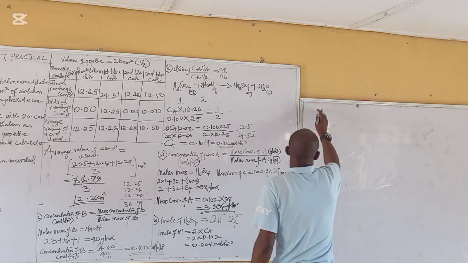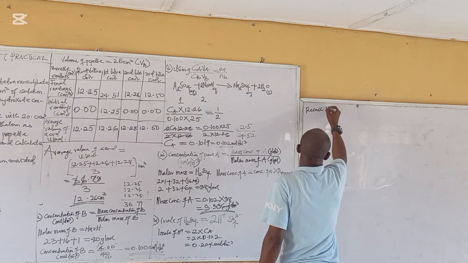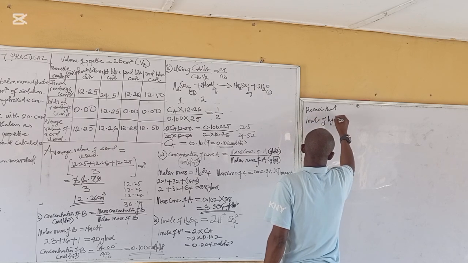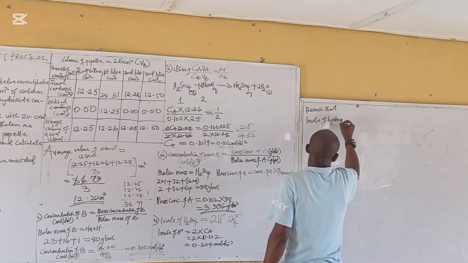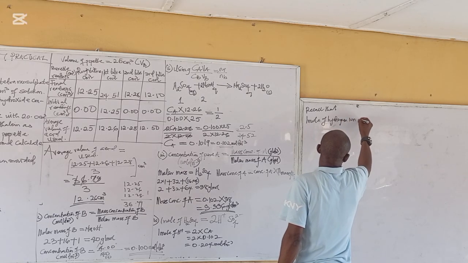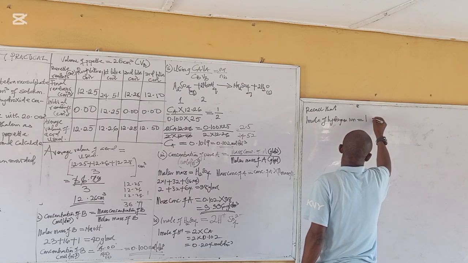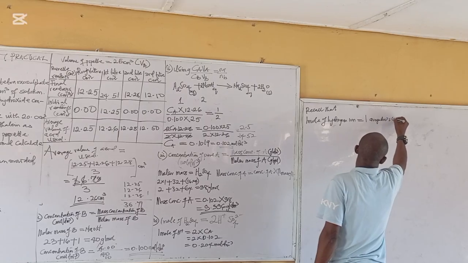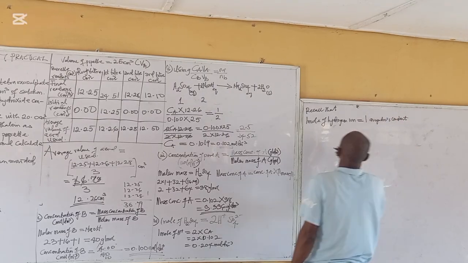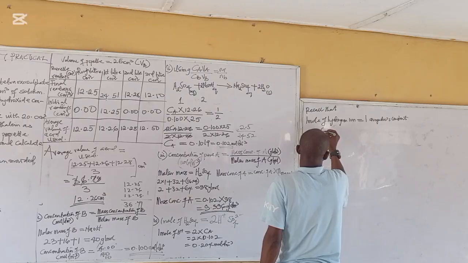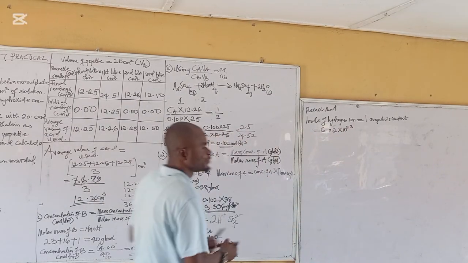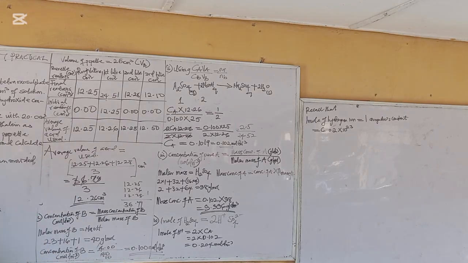Recall that 1 mole of hydrogen ion is equivalent to Avogadro's constant, which is the same thing as 6.02 times 10 raised to power 23. It has been given to you, it will be here.